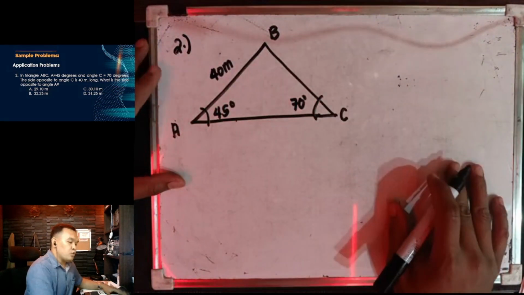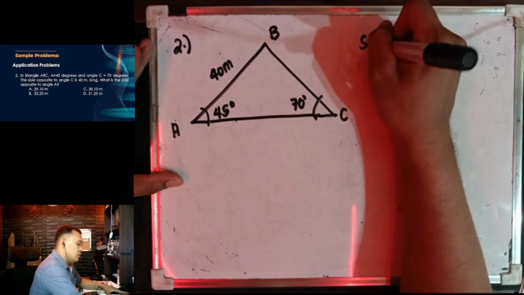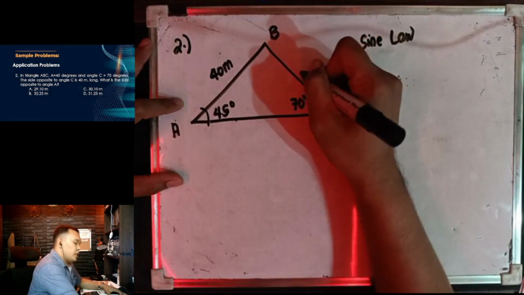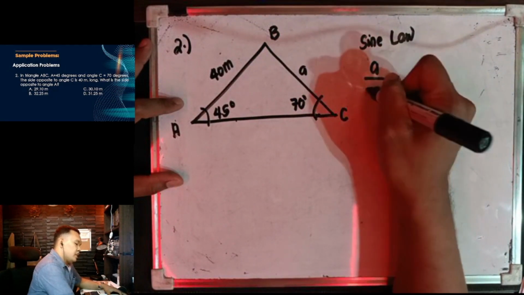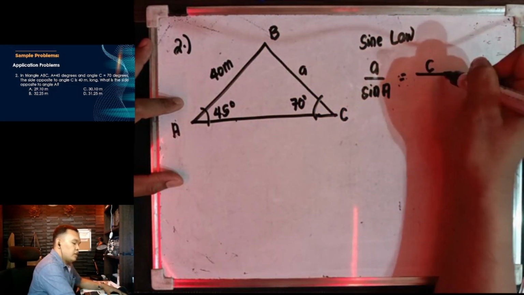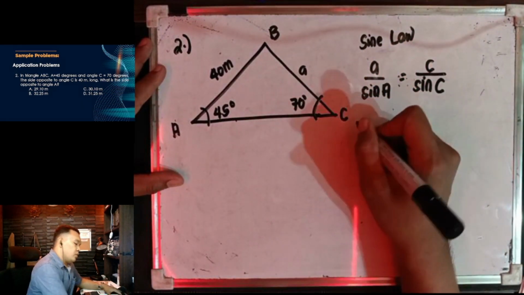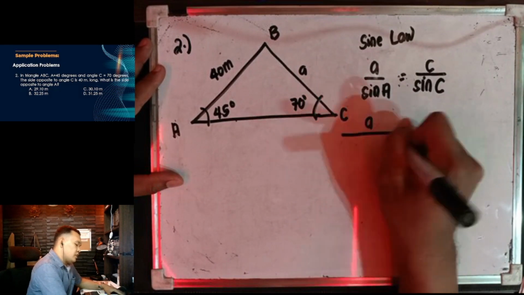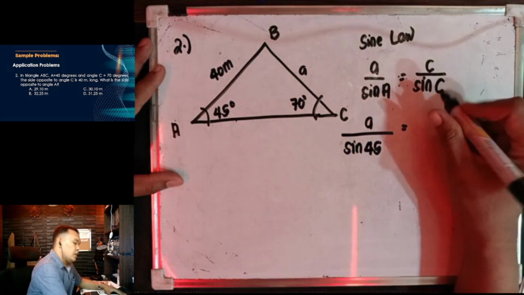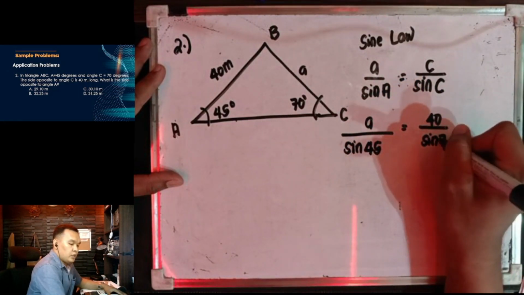So, to get the value, it's just sine law lang. Sine law, we have here yung opposite side a over sine capital A is equivalent kay small c over sine capital C. Then, we could write it as a all over sine 45 is equivalent kay 40 all over sine 70.